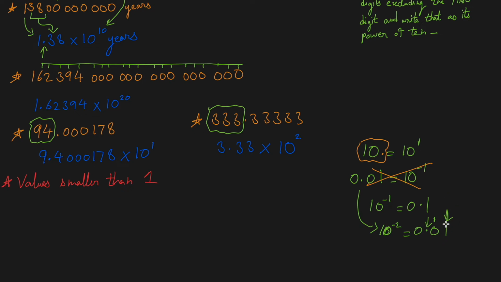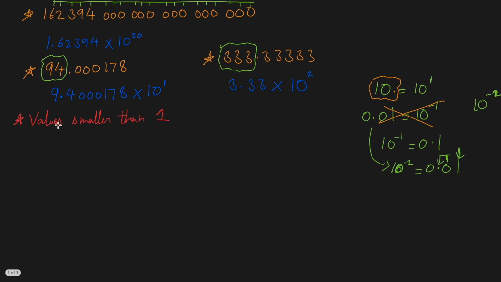For example, we have 1 here, so before 1 we have to count the total zeros there, also including the decimal point. So here we have 10's power minus 1, but instead of 0 we will also count the decimal point here. So instead of minus 1, that will be minus 2 here. That's the main point that I wanted to clear for the values that are smaller than 1.